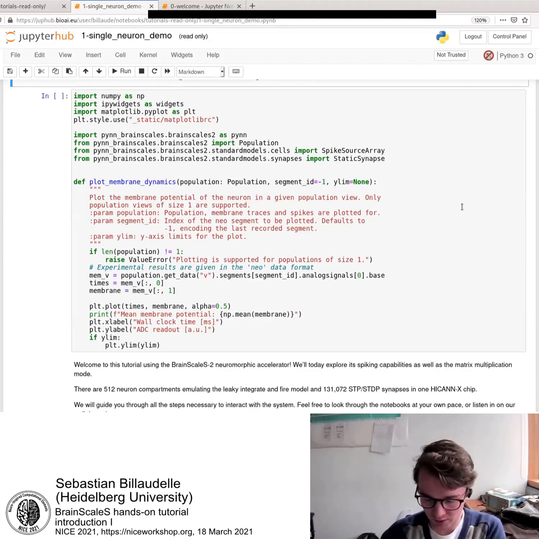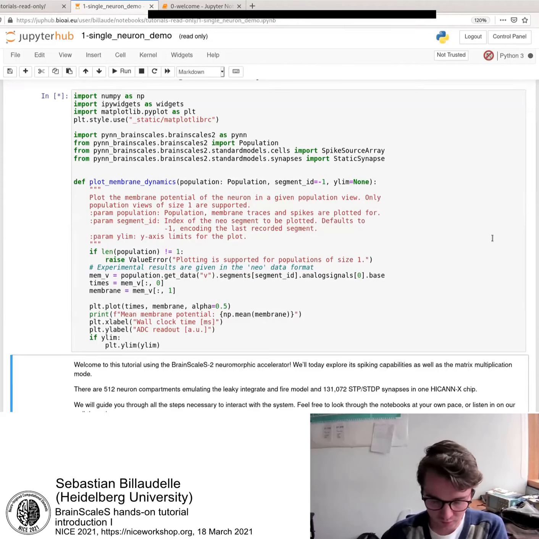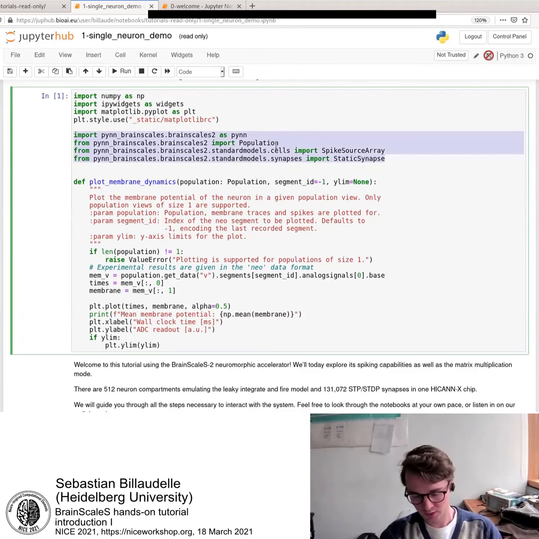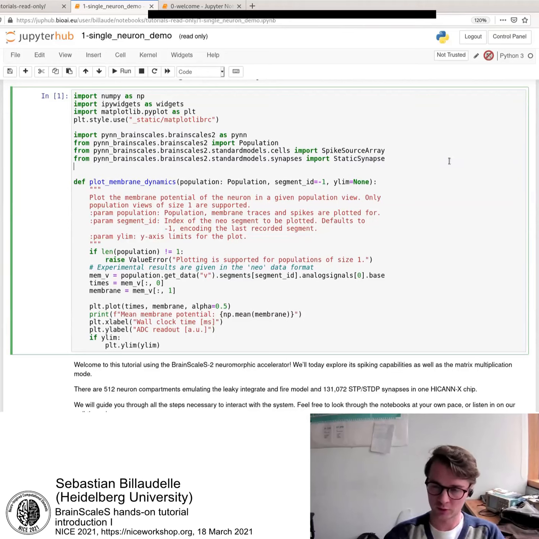The first cell is just some boilerplate code. We import some Python packages that, for example, include NumPy, and we use, as you will later see, these Jupyter widgets to introduce some element of interactivity, and we use Matplotlib for plotting. But the important imports are probably these 4 lines. Here we import PyNN. PyNN is a domain-specific language to set up spiking neural networks in a simulator or emulator agnostic way.